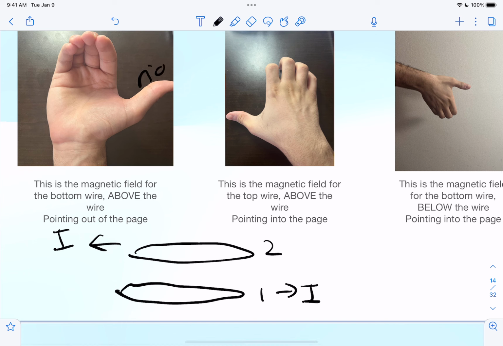So my thumb was pointing to the right, and I could think about my thumb as being the wire axis, and this is above and this is below the wire, right? So if I did that, I can see that above the wire, my fingers are pointing towards me. If my desk was the page, then I'm going out of the page at the top, right?